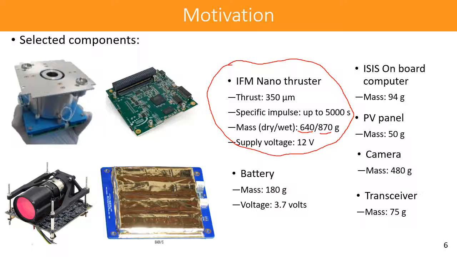To supply the voltage, I selected batteries. This one has a mass of 180 grams per unit, and it supplies 3.7 volts per unit. Also a computer, a photovoltaic panel, a camera, and a transmitter to transmit the data back to Earth.